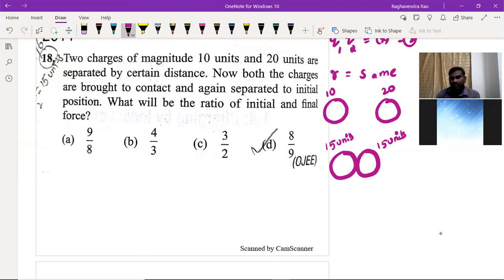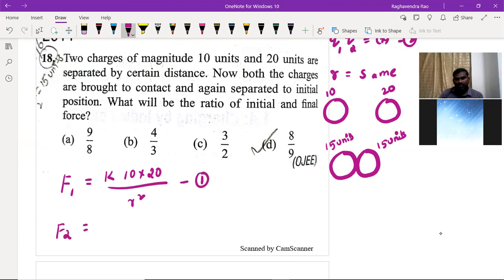R is the same. What will be the ratio of initial and final force? Initially we can write F1 is equal to K into 10 into 20 by R square. That is equation number 1. F2 is equal to K into 15 into 15 by R square. That is equation number 2. Now we can simplify these two equations.